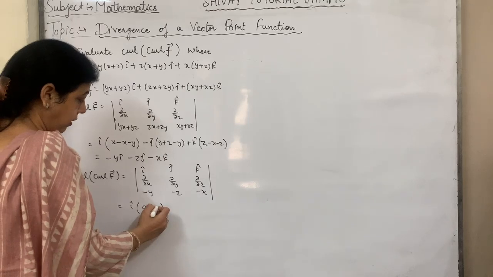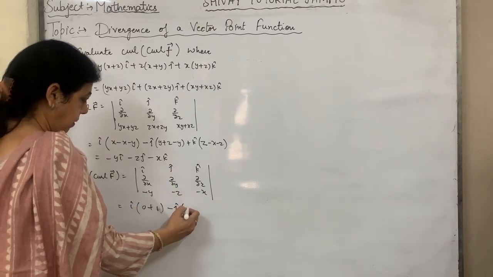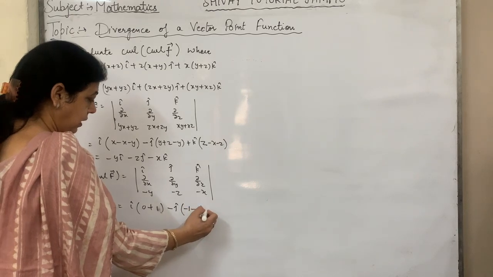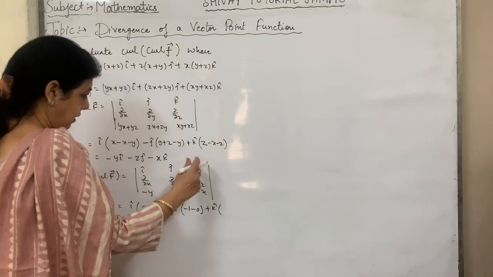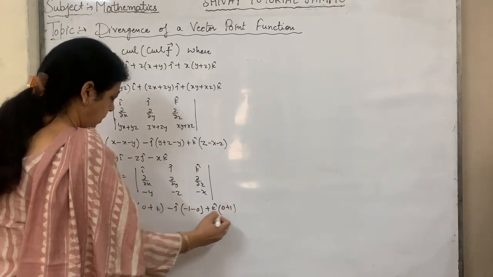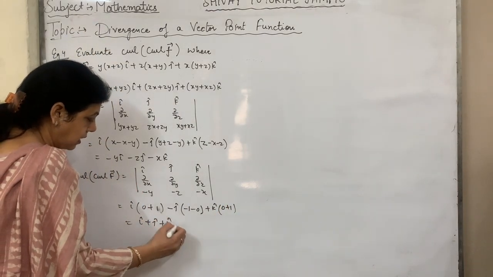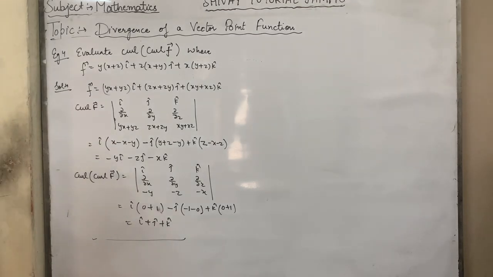It will become 1, minus j. Then minus 1 minus 0 and with k, it will become x with 0 and 1. Then the answer is i plus j plus k. This is curl of f.